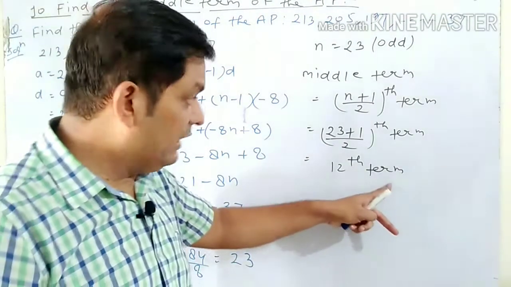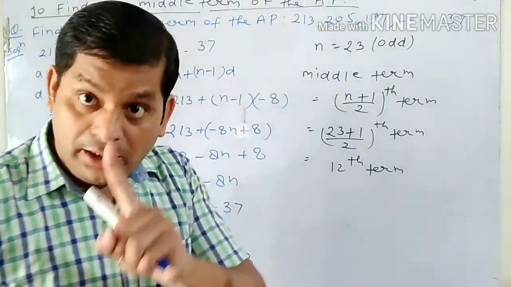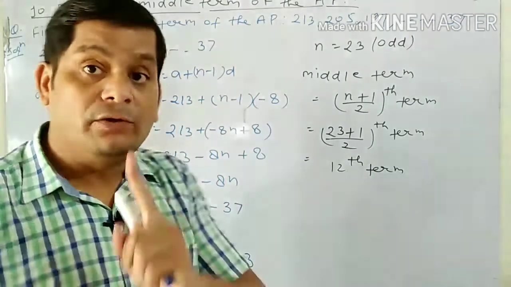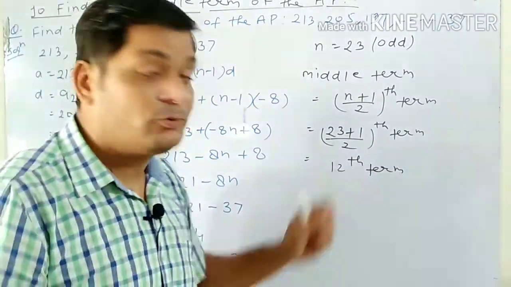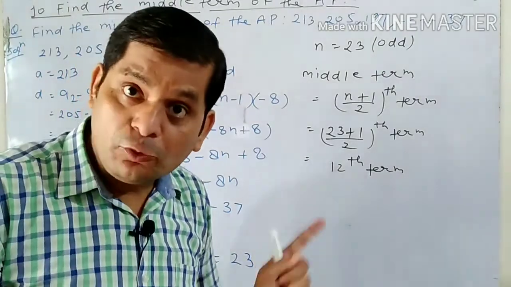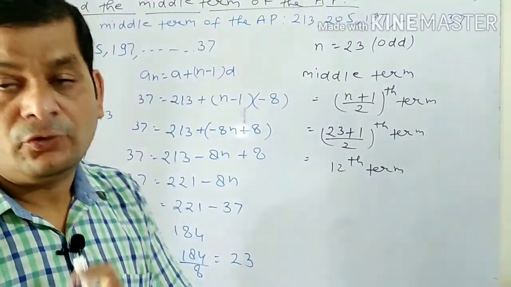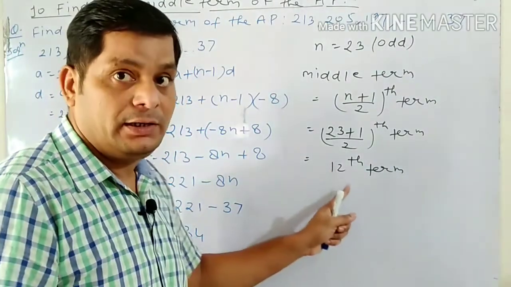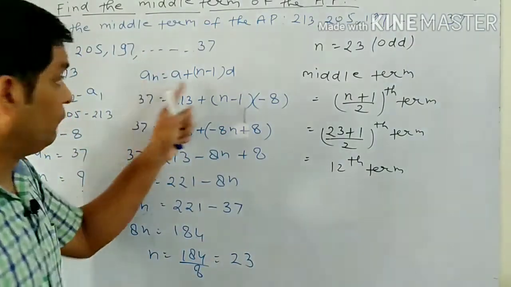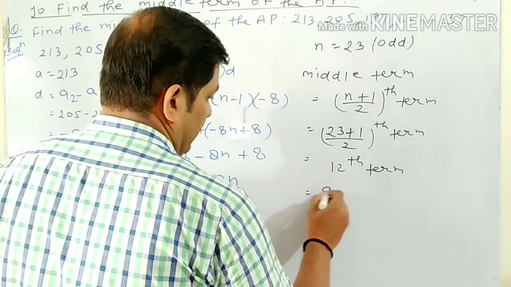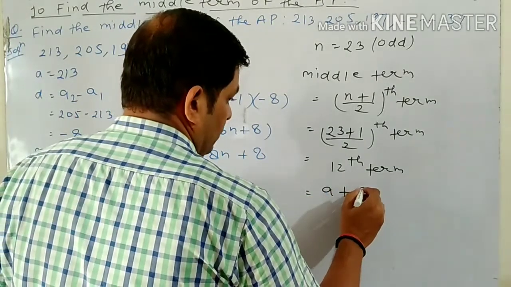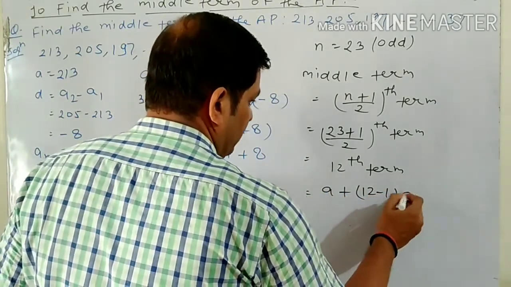Till here we can say the 12th term of this AP will be the middle term. It doesn't matter that 12 came; the value of the 12th term will be the answer. So we will find the 12th term using the same formula an: a12 equals a plus 12 minus 1 into d.